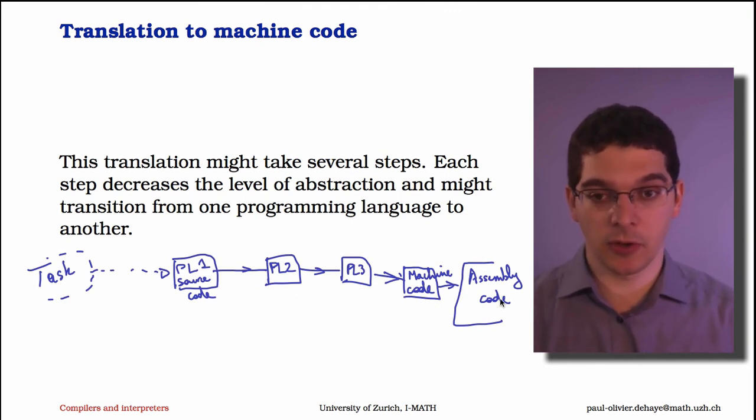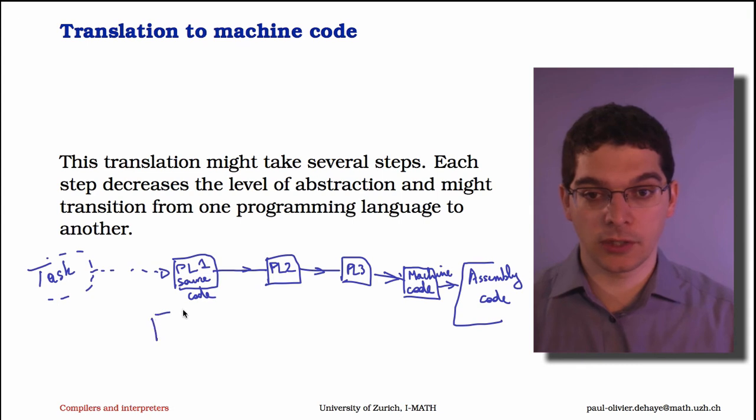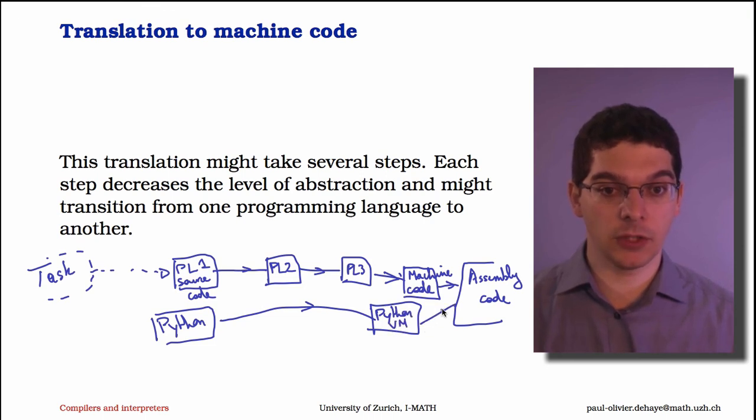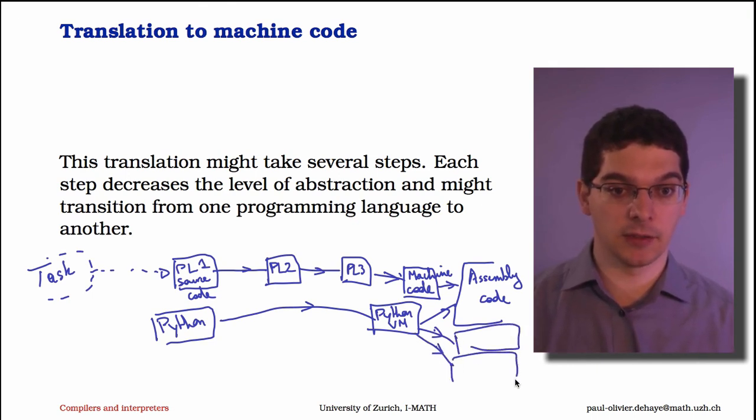So let's be a bit more concrete here. So we could start with Python here, and we could go all the way to the Python virtual machine. Okay, and then depending on which machine you're running this on, use different endpoints, different assembly codes at the end, because there isn't just one either.